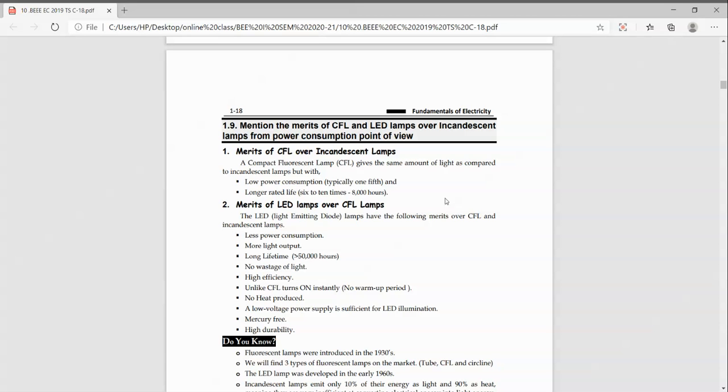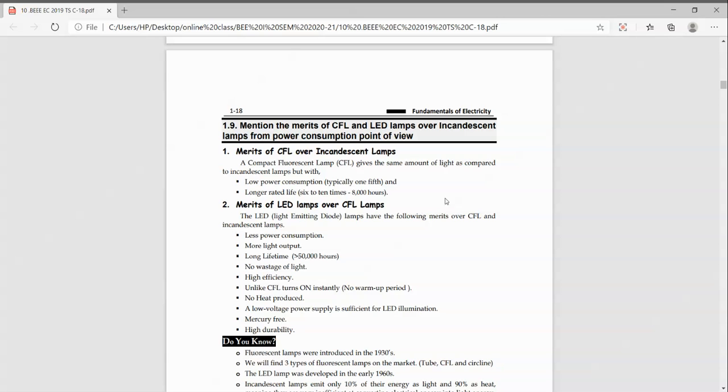So when we compare an incandescent lamp and a CFL lamp, the illumination will be the same. The light output will be the same, but the power consumption by the CFL is less, and the life of the CFL is more. Because of that, mostly CFL is preferred.